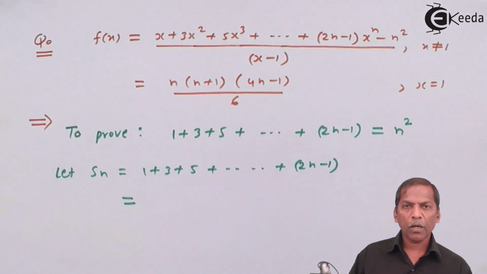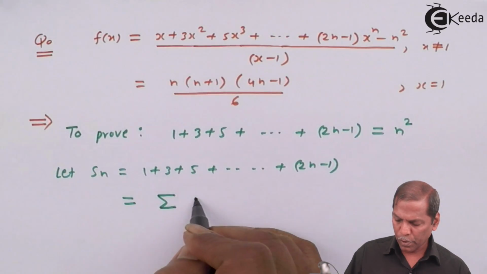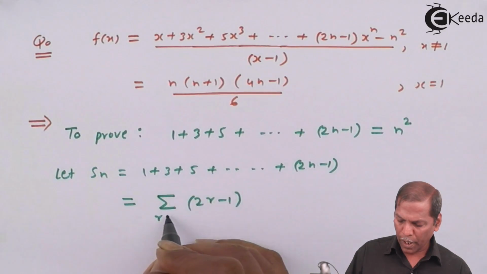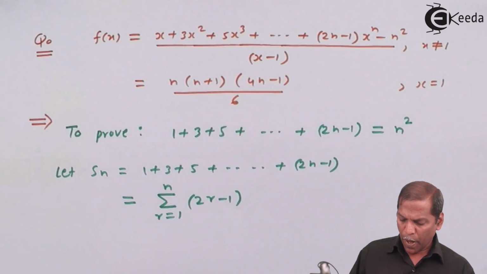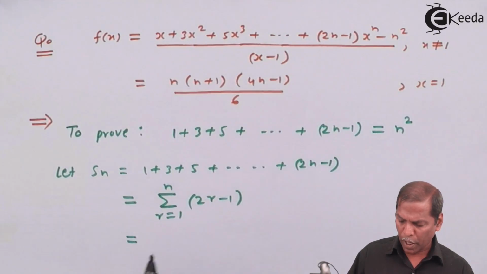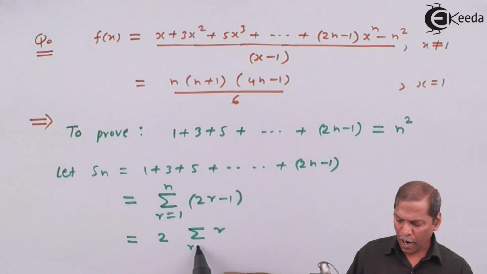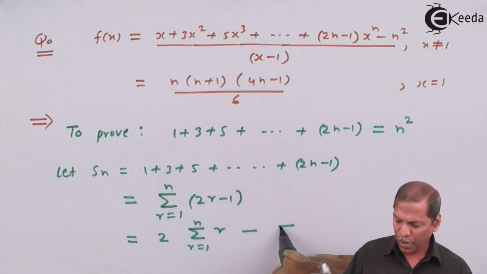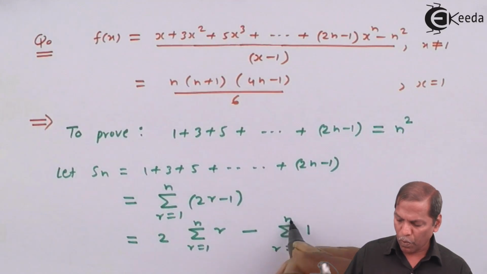So this can be written in summation notation as summation of 2r minus 1, r takes value 1 to n, and on further simplifying we have 2 times summation r, r takes value 1 to n, minus we write summation 1, r takes value 1 to n.